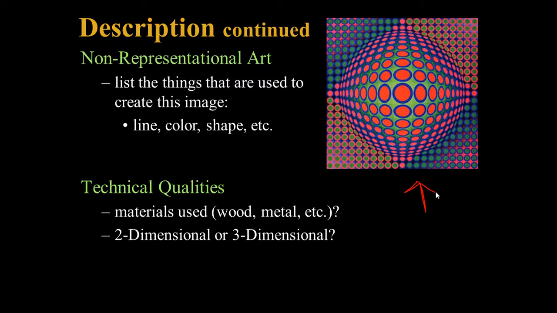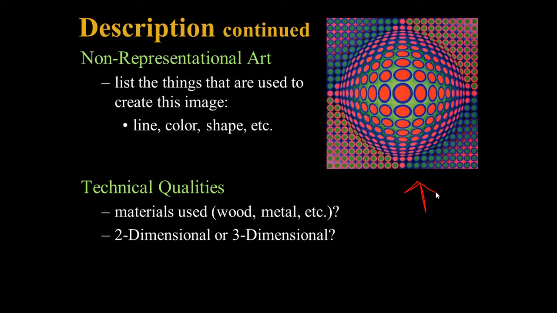So in this case, with the image here on the right-hand side, you would be listing what you see, just like you did in the first one, but this time it's going to be circles, square, blue, dark blue, light blue, medium blue, red, green, pink, and things like that.